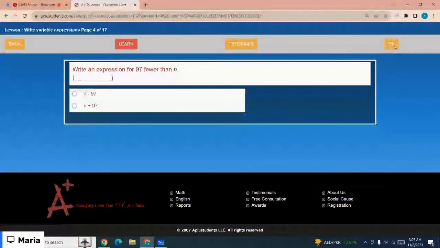Write an expression for 97 fewer than h. So which is the correct option? 97 fewer than h means you have to subtract. So it will be h minus 97. Option number 1 is the correct option.